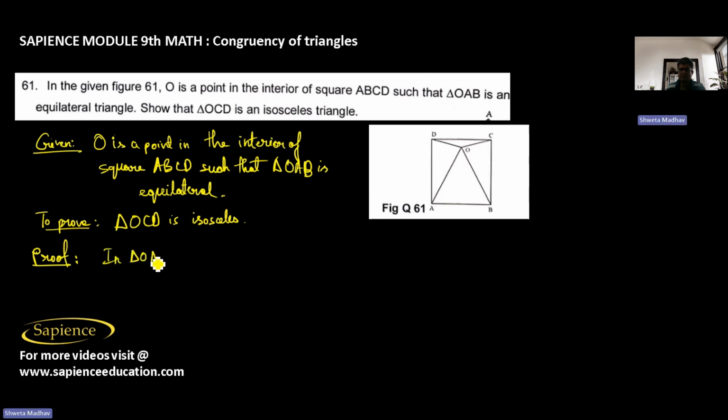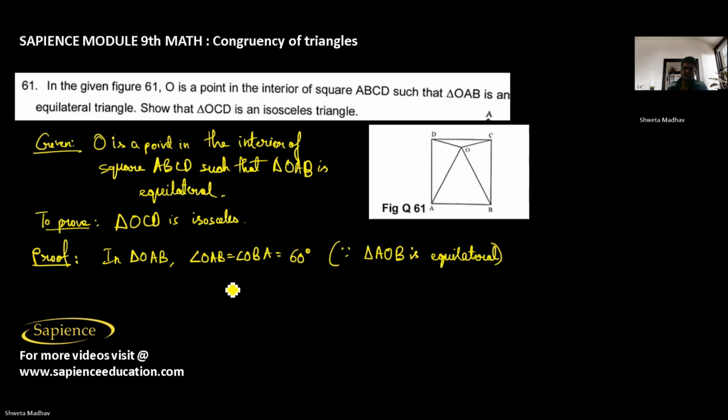In triangle OAB, angle OAB equals angle OBA, and that is equal to 60 degrees, since triangle OAB is equilateral, so each angle is 60 degrees. And angle DAB is equal to angle CBA, which is equal to 90 degrees.